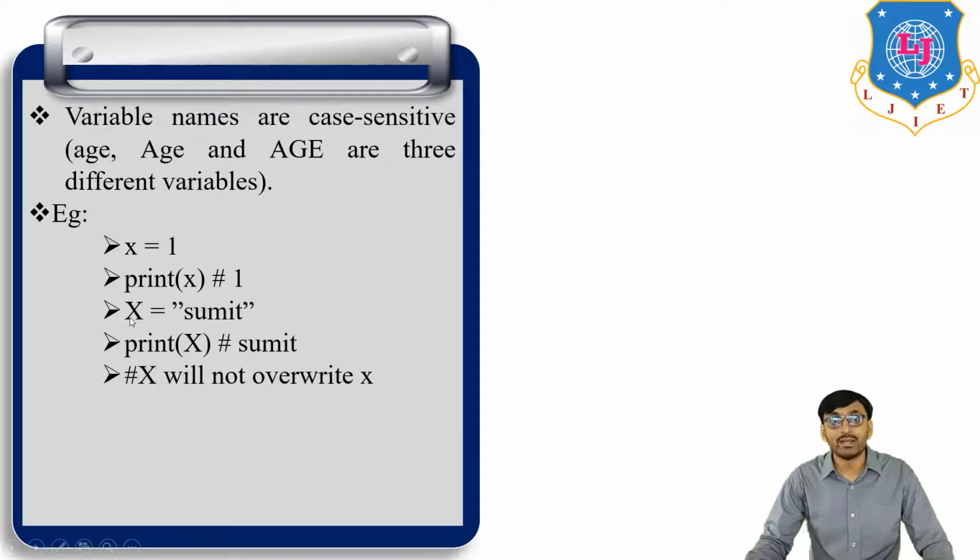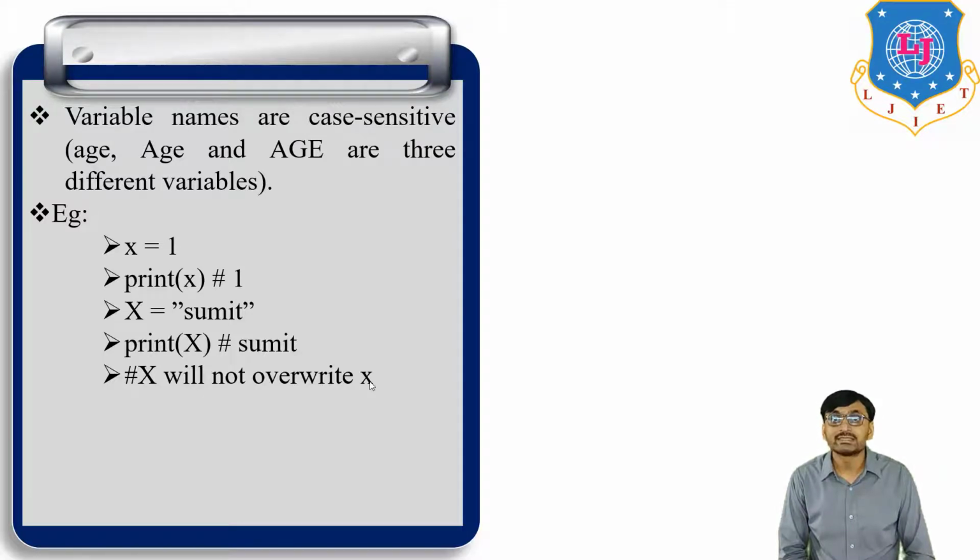And if capital X = Sumit, and if we print capital X, then the output is Sumit. So for small x the output is 1, for capital X the output is Sumit. And capital X will not override small x, because small x and capital X are different variables.